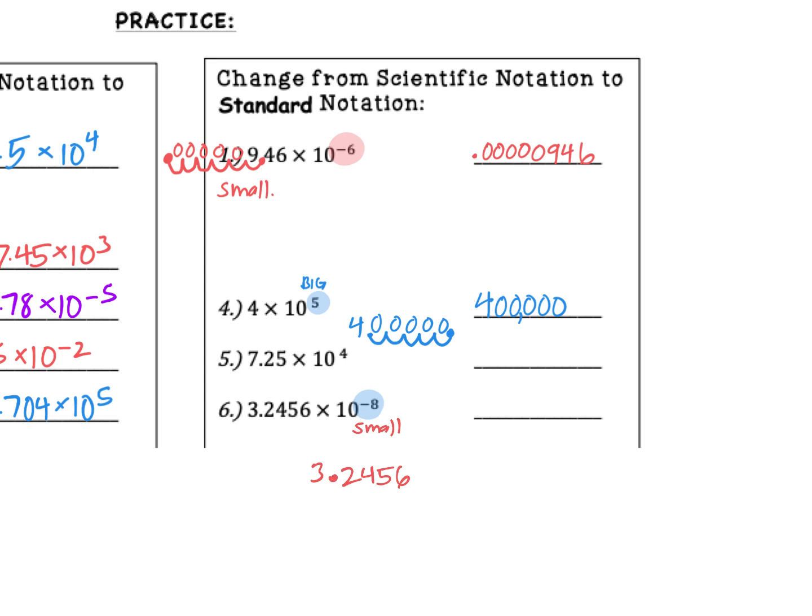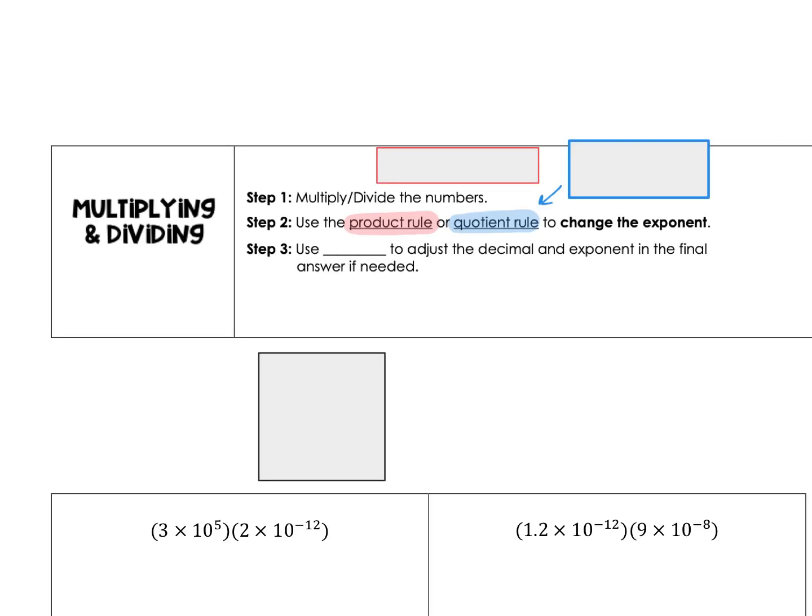I'm counting back to the left 8 times because it's a small number. 1, 2, 3, 4, 5, 6, 7, 8. Filling all of those in with zeros. So 7 zeros if I counted correctly. And then that whole thing, 3, 2, 4, 5, 6 has to go in there. Okay, pause this video, try number 5, and check your answer.